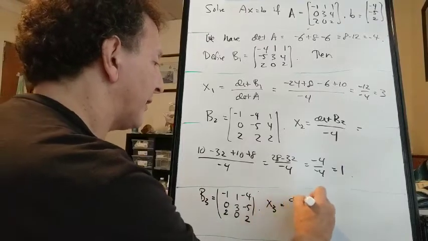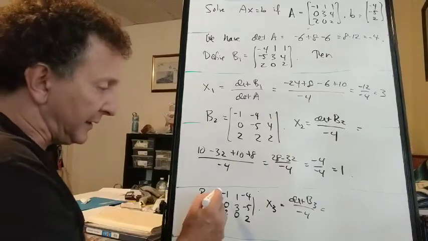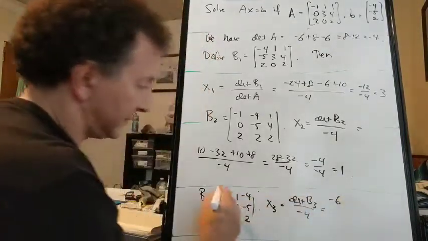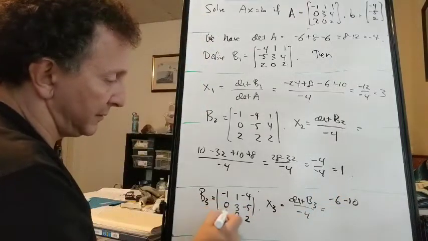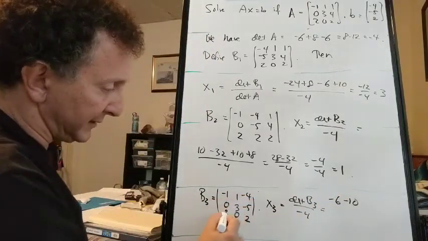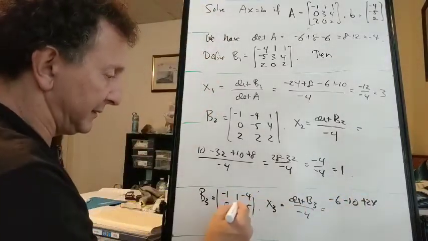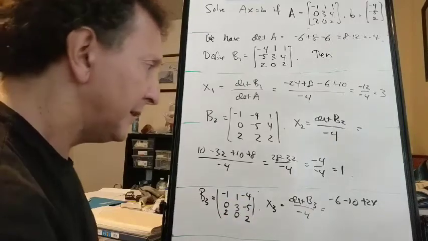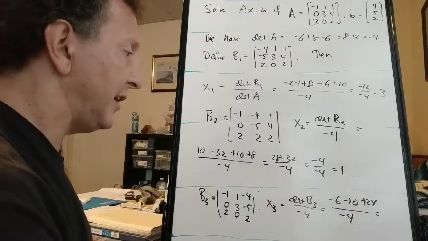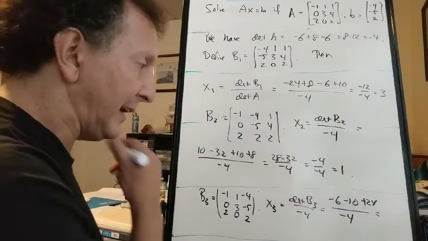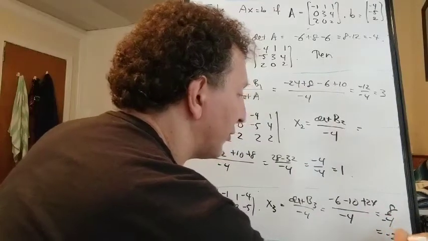X3 is the determinant of that over negative 4, which is negative 6 minus 10 plus 0 minus negative 24 plus 24 minus 0 minus 0. So 24 minus 16 is 8. 8 over negative 4 is negative 2.